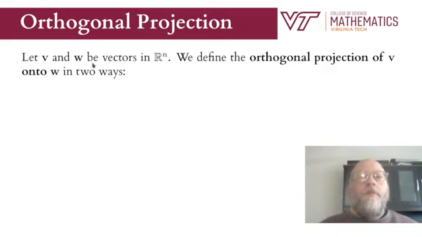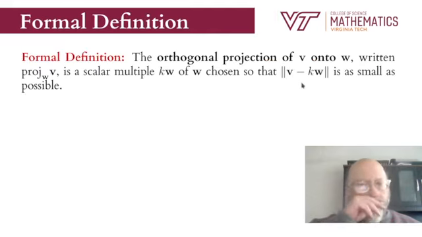So let V and W be vectors that are in Rn. We're going to define what's called the orthogonal projection of V onto W in two ways. I'll start with the formal mathematical definition, and then we'll look at a less formal definition. So the formal definition of the orthogonal projection of V onto W is written like this.